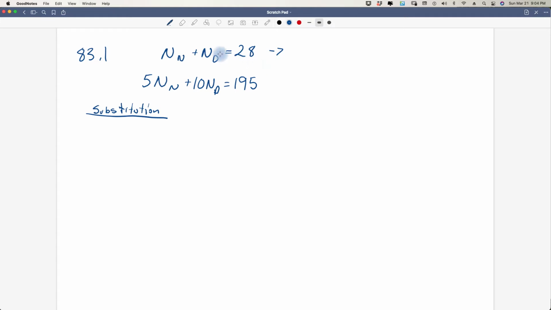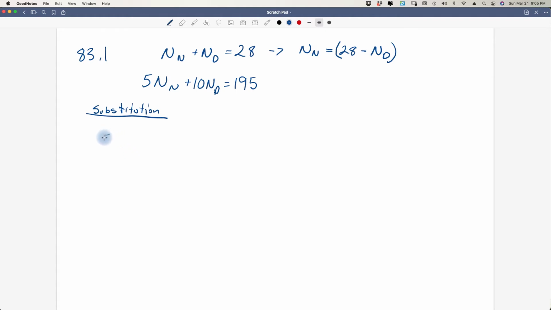Let's solve for the number of nickels. We'll just subtract the number of dimes from both sides. So the number of nickels equals 28 minus the number of dimes. We can sub this value in for n.